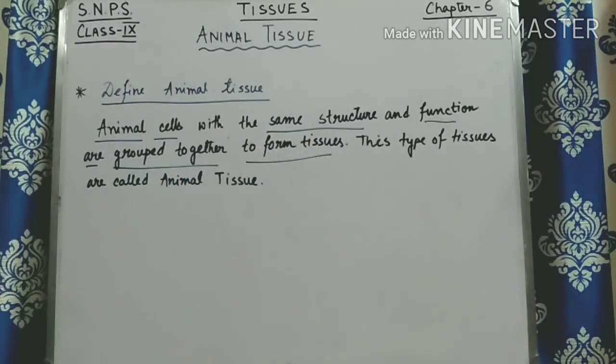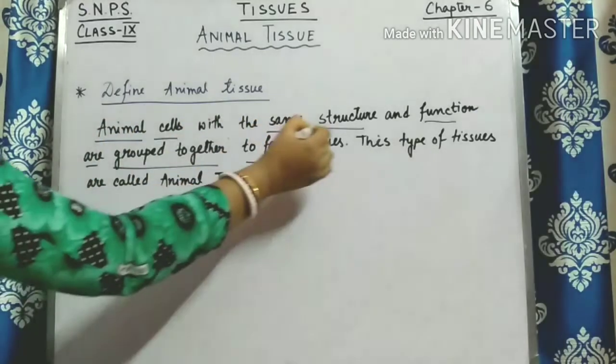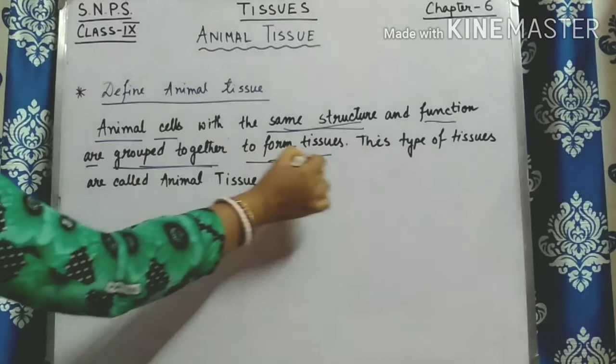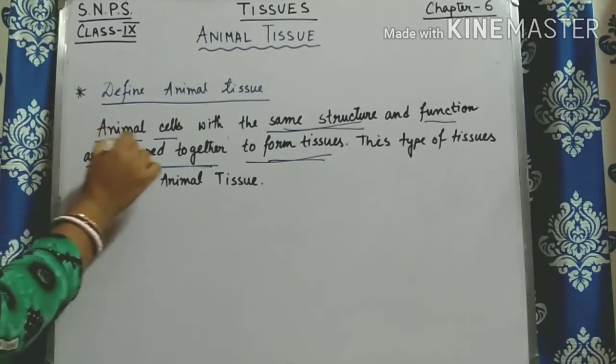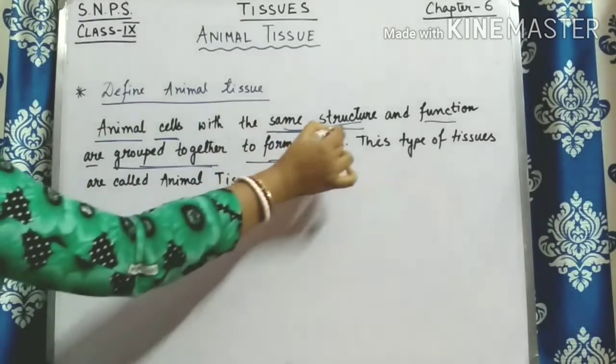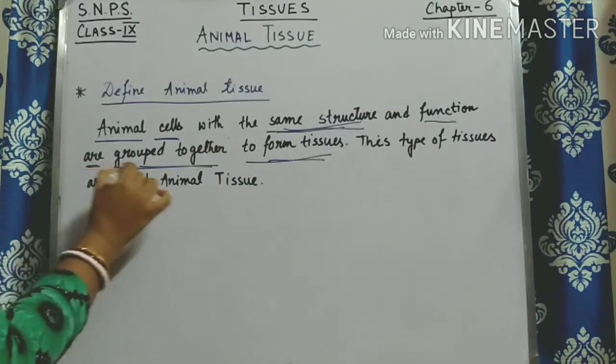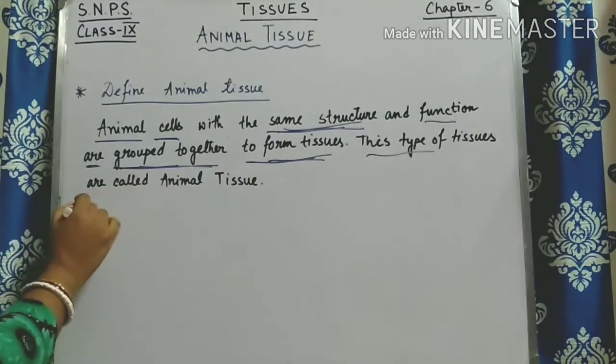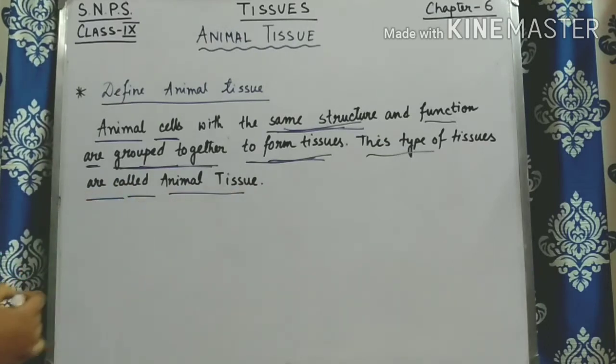These types of tissues are called animal tissues.